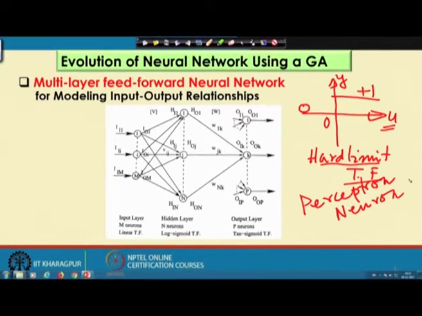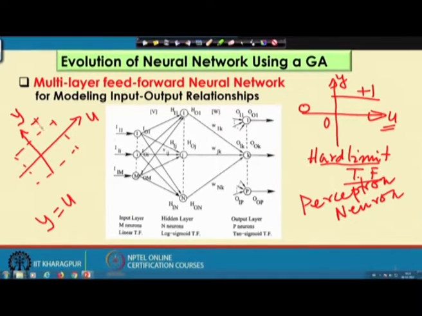Similarly, sometimes we use a linear transfer function. For example, say this is the input u, and the output is denoted by y, and here the output is nothing but the input, and here I will be getting a line which is a 45° line sort of thing.